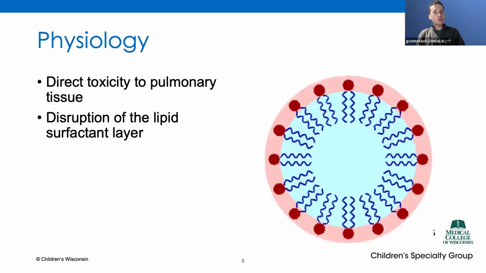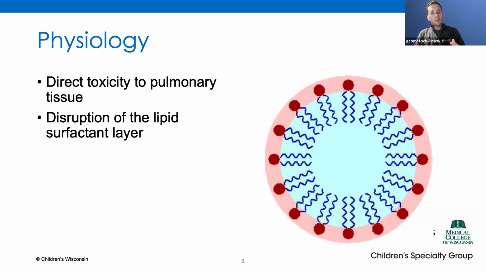I mentioned we'd talk about the pathology. Here it is. At least in our general understanding of hydrocarbon pneumonitis or aspiration pneumonitis, it all comes down to disruption of our surfactant and our ability to keep our lungs expanded. Surfactant is comprised of these micelles, these lipid bilayers, which help to stent open the lungs by decreasing surface tension within the lungs.